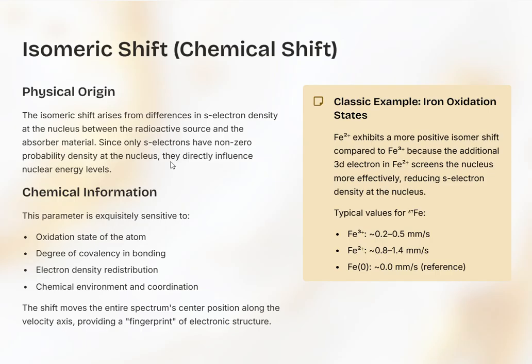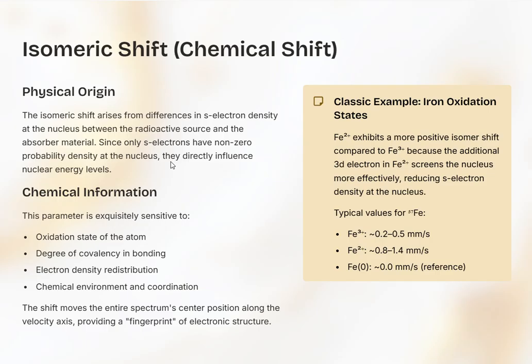Since delta R is negative for iron, the s electron density is inversely proportional to the chemical shift. Iron is an exception case. So as s electron density increases, chemical shift will decrease.